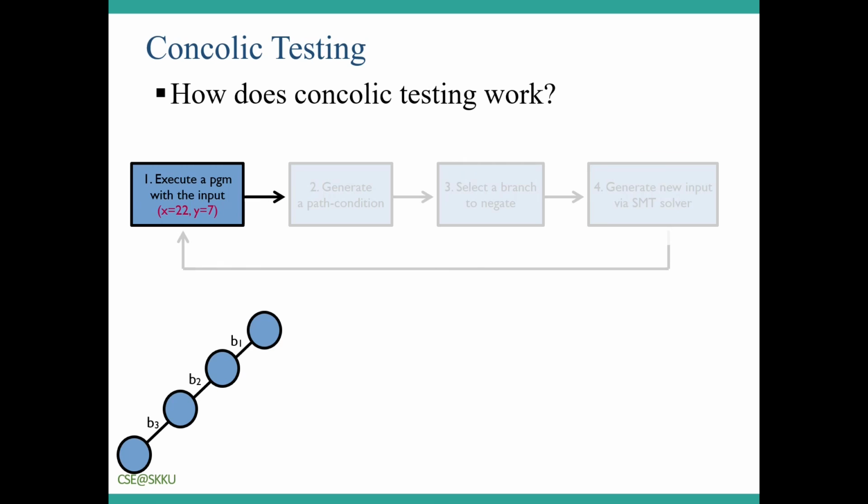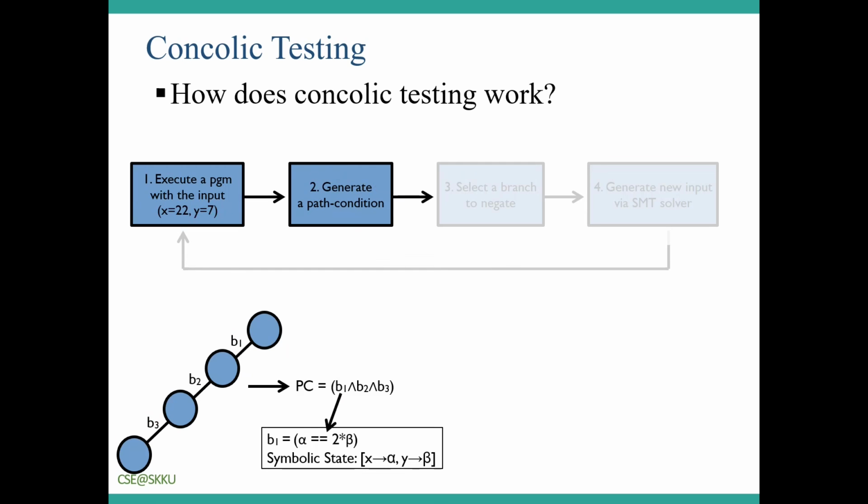First, it runs the program using an initial random input, for example, x equals 22 and y equals 7. Then during the execution, it records the path condition by tracking the branches taken, say branches B1, B2, B3. These are all symbolic branch conditions.